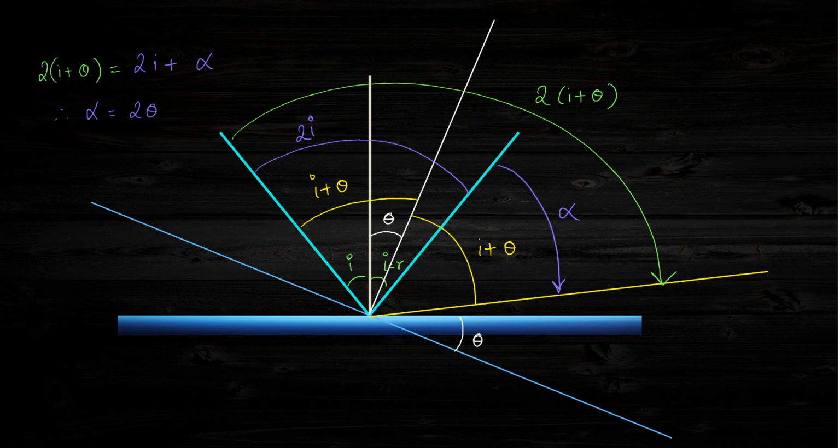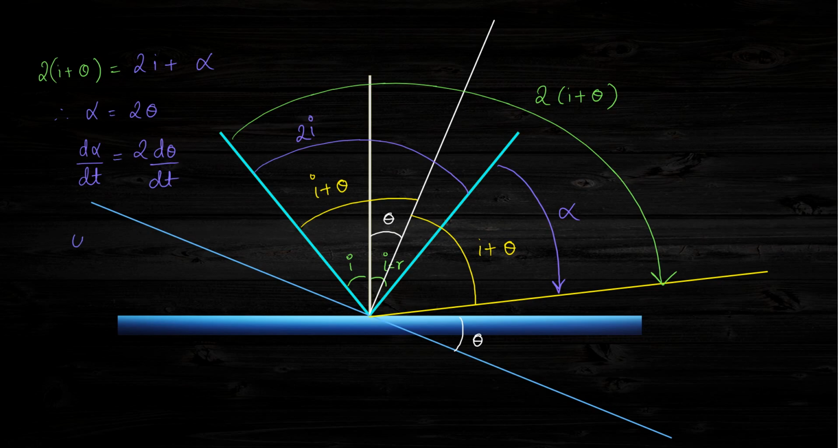Now let us say we differentiate this equation, then we get d alpha by dt, the rate at which the reflected ray is rotating, which can also be termed the angular velocity of the reflected ray. So this is equal to 2 times d theta by dt.